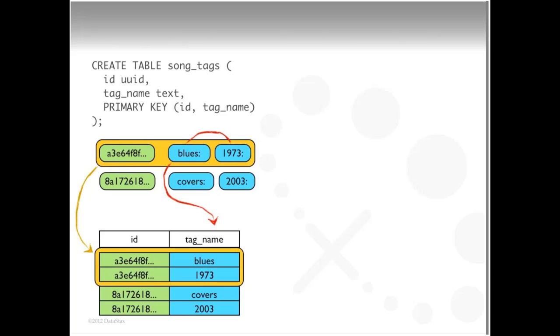In fact, we have 1 row per storage engine cell. And the storage engine cell name becomes the tag name value in the CQL result set representation.